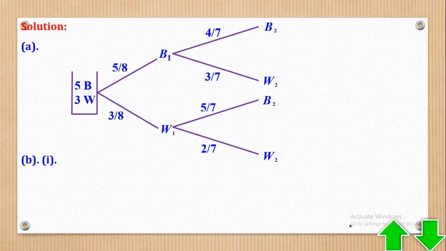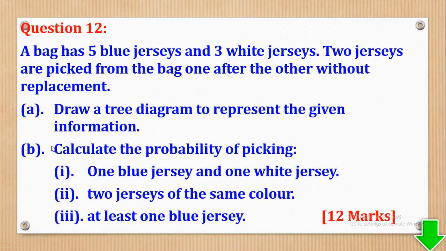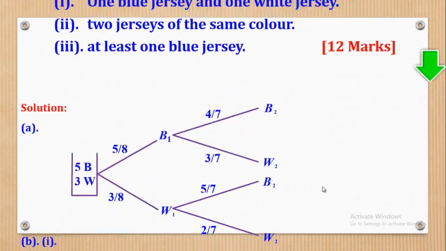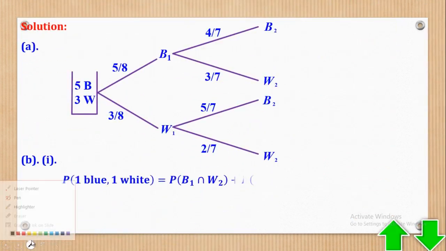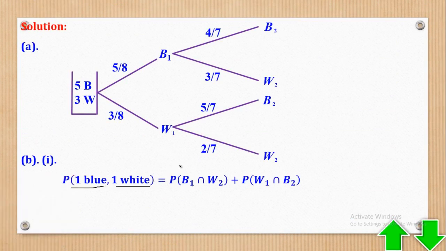Now let's go to part B. Part B says calculate the probability of picking (i) 1 blue jersey and 1 white jersey. So 1 blue and 1 white is this B1, W2, and also W1, B2.